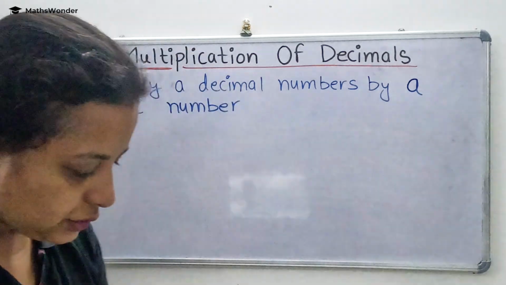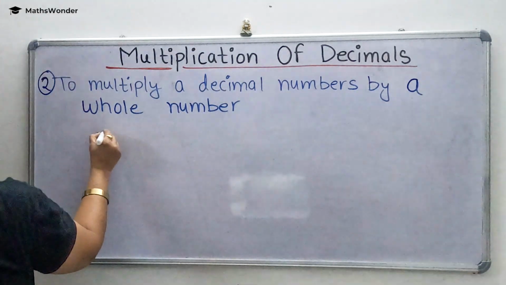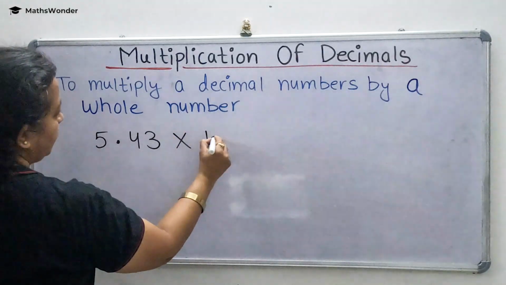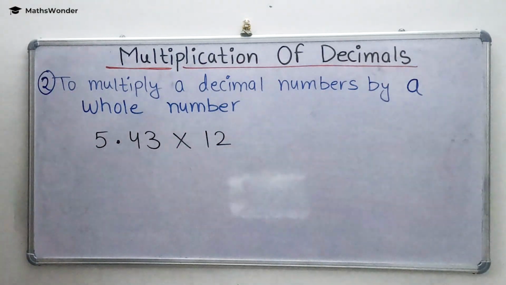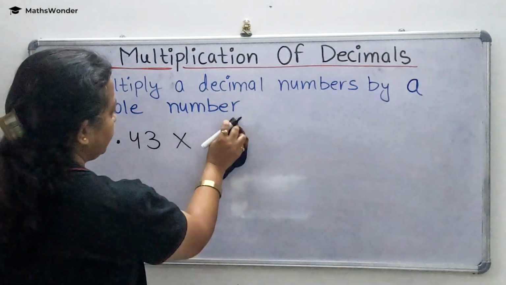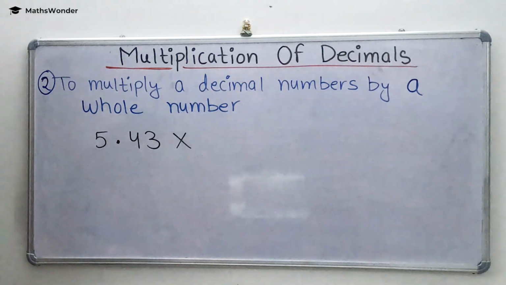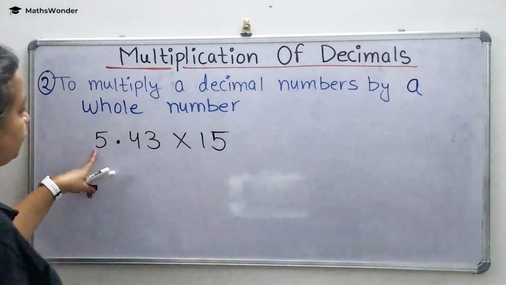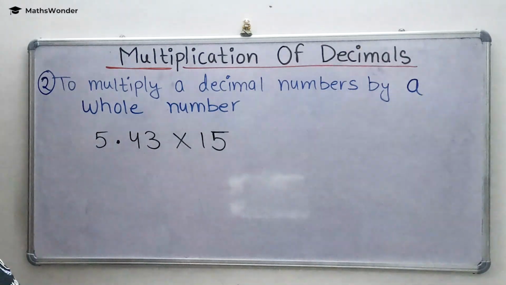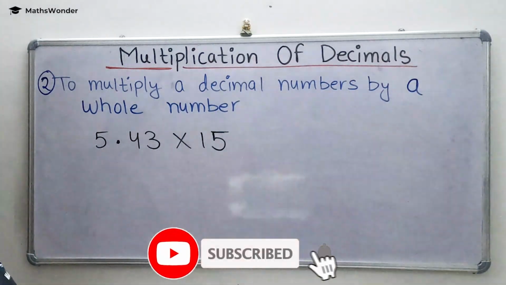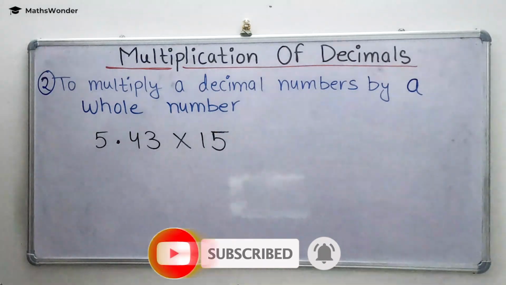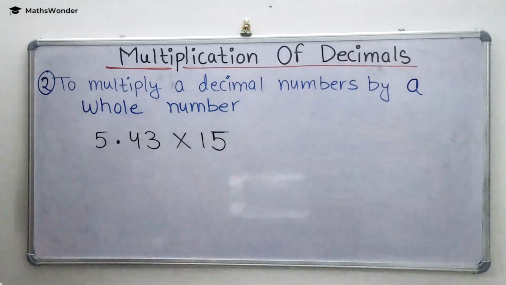Suppose 5.43 multiplied by 15. So 5.43 is the decimal number and 15 is the whole number. Then how will you multiply and how will you put the decimal point, okay?